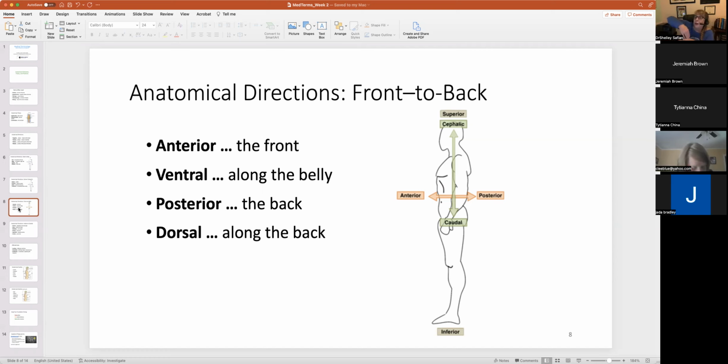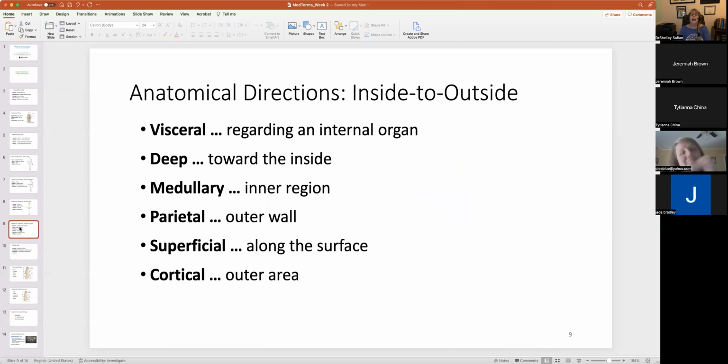That's the fin on the back of the shark. So that's along the back. If you have a patient that has a dorsal fin, you might be in the veterinary hospital and not in the human hospital. Just an alert.